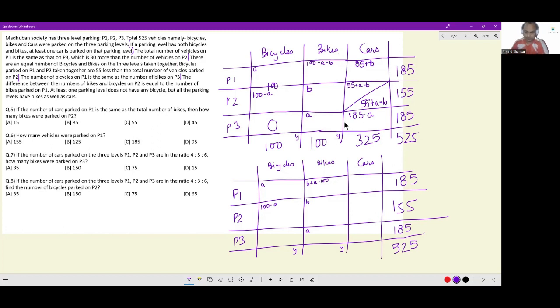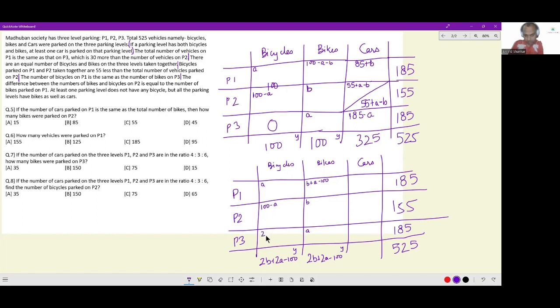Or maybe we can. See, B plus A minus 100. B plus A. So Y is as good as 2B plus 2A minus 100. So here also I should be getting 2B plus 2A minus 100, which would also tell me that these two currently add up to 100.